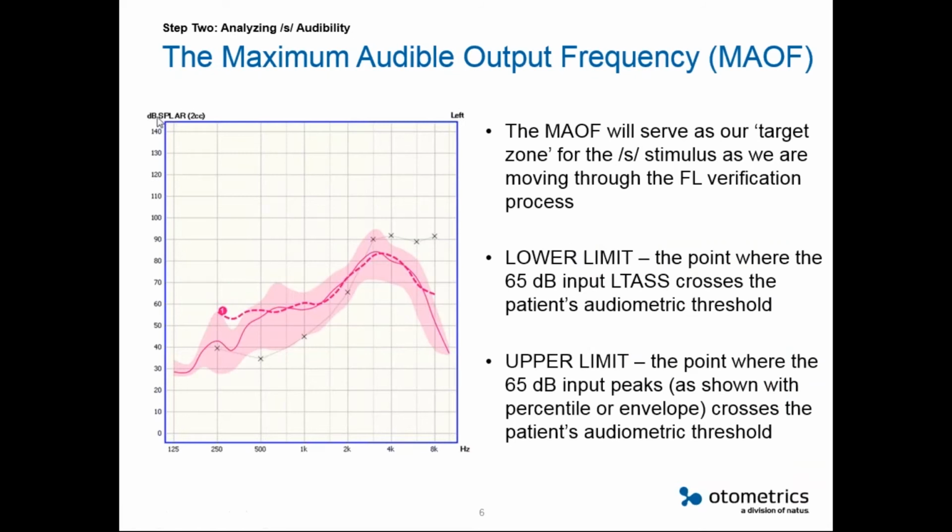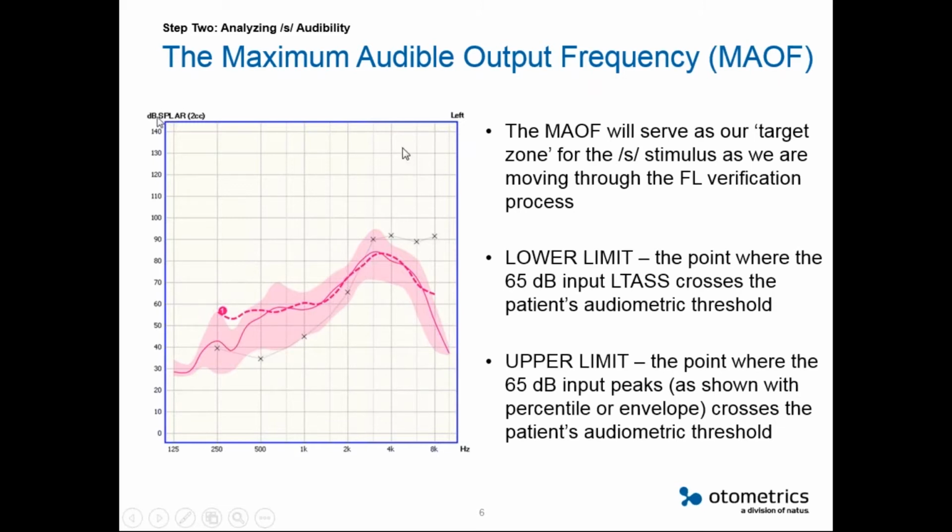So once we have that foundation fitting, we're going to add step 2, which is analyzing the S audibility. What we're going to do is map what's called the maximum audible output frequency. So what you see here is a 65 dB LTAS and a 65 dB target and the patient's SPL thresholds.